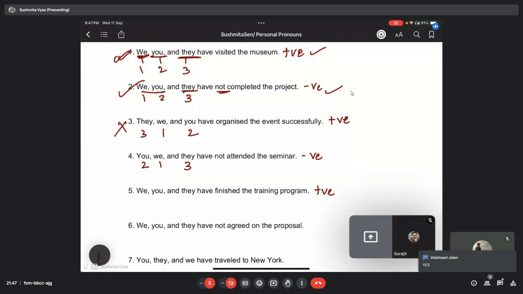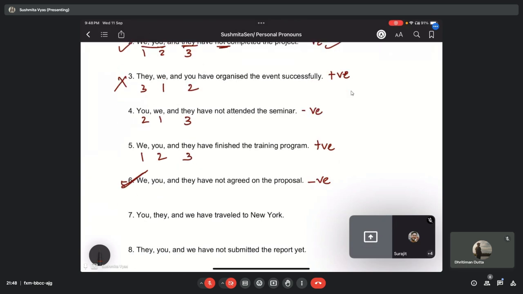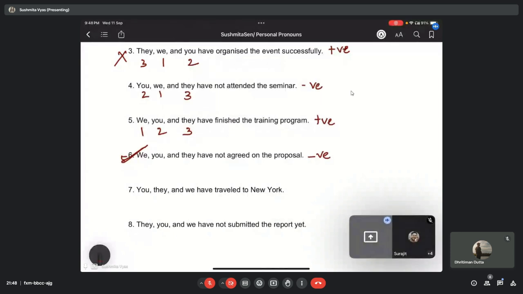Is it in the correct order? We, you, they. Next is a negative sentence, but again this is in the correct order: we, you, and they. Okay, again: you, they, and we have traveled to New York. This is positive. Is this in the correct order?